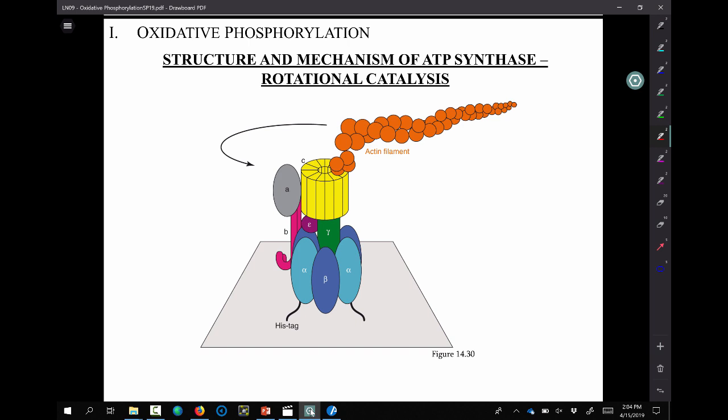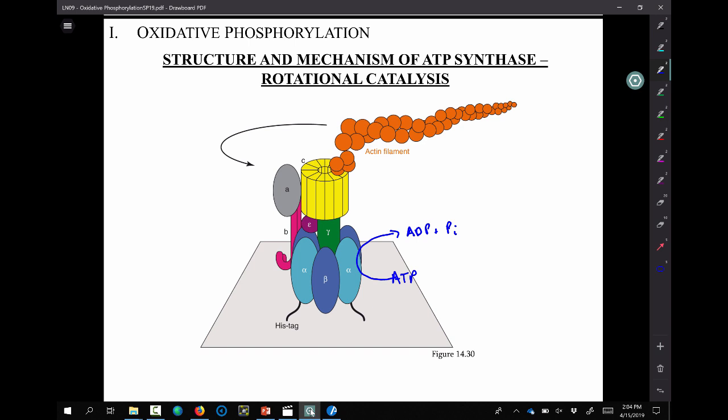All enzymes can catalyze reactions in the reverse direction of what we see in a cell. And so it's very possible that you can take these alpha and beta subunits, give them ATP, and have them, if conditions are right, hydrolyze ATP. That energy can then be transmitted to actually turning the C ring, instead of the C ring turning creating ATP.